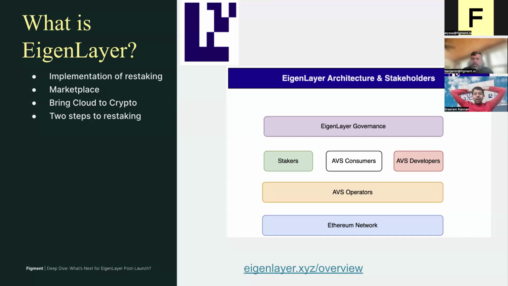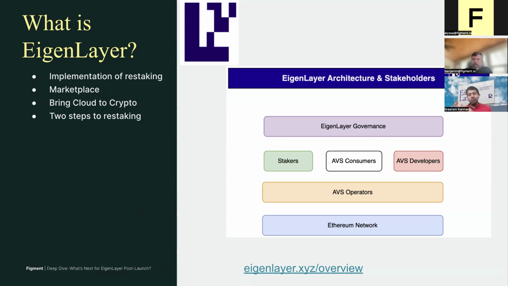Yeah, absolutely. When we say restaking, what do we mean by that? The source of trust. Abstracting it out, the main thing that differentiates crypto from, let's say, cloud, is decentralized trust.